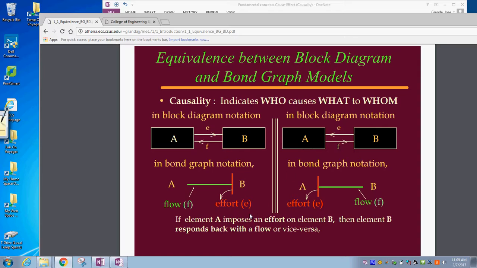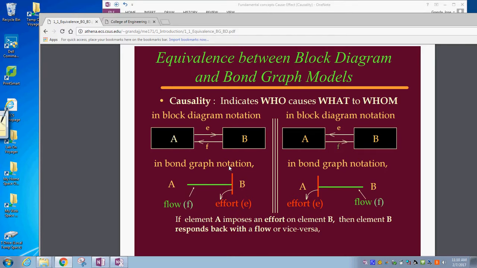Now, this fundamental concept can be stated or explained using this little picture in here called a bond graph model. This is a line which from now on we are going to call flow, and this causal mark is going to be the effort variable.